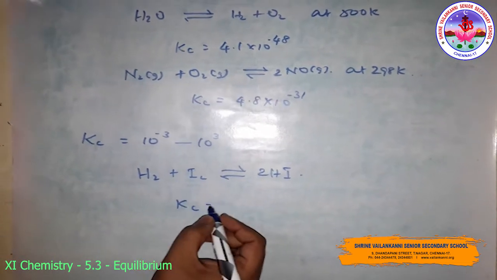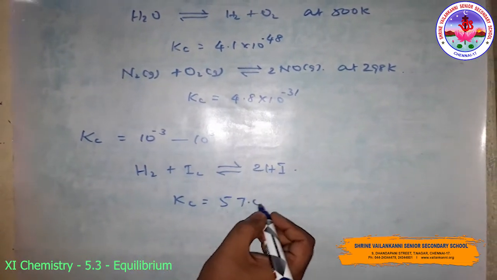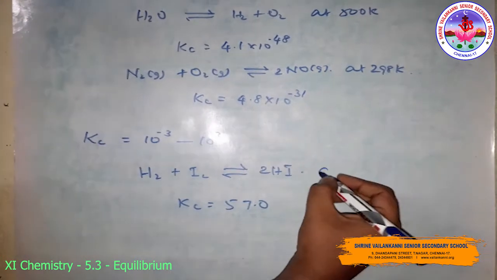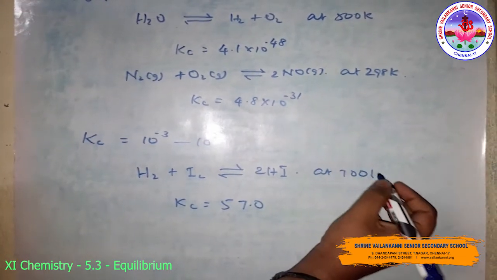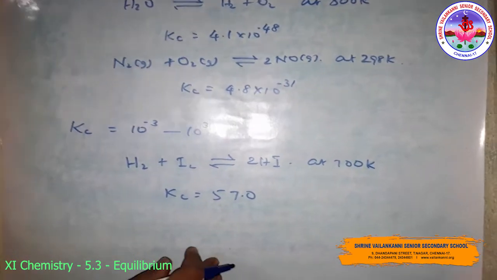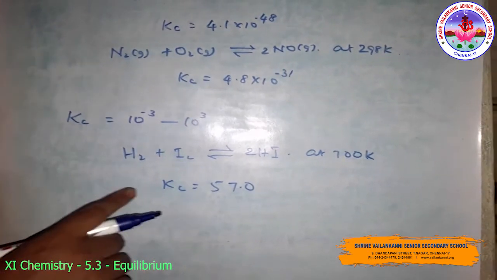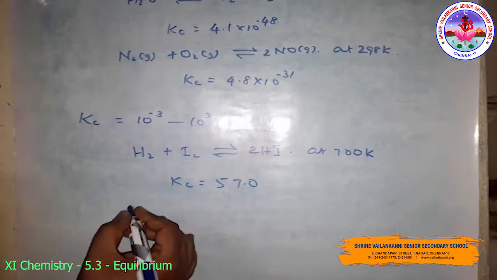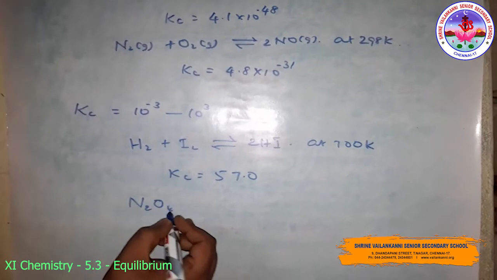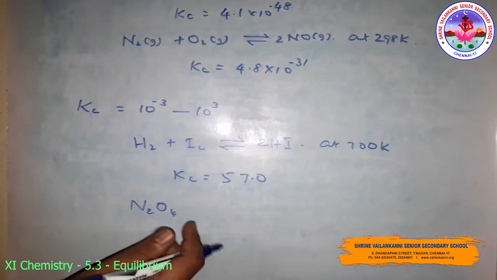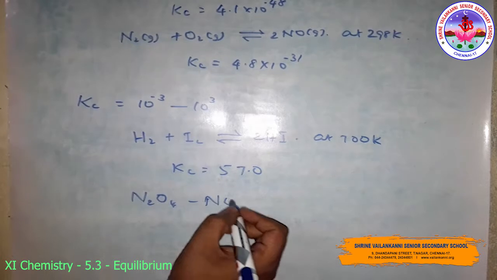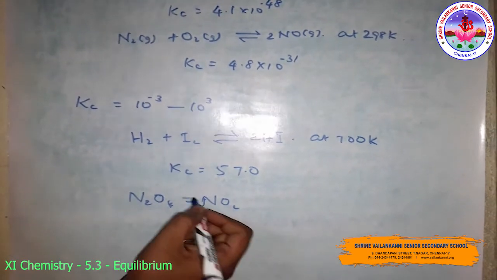Here the Kc value is 57.0 at 700 Kelvin. Here also the gas phase decomposition of dinitrogen tetroxide to nitrogen dioxide.